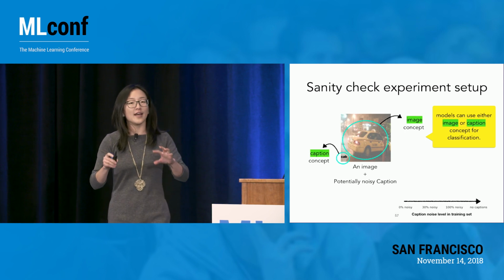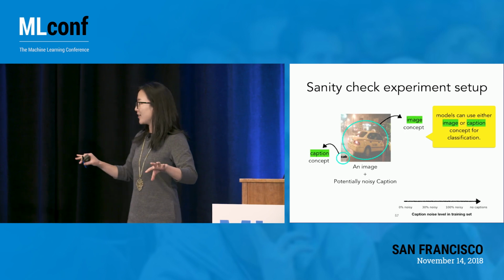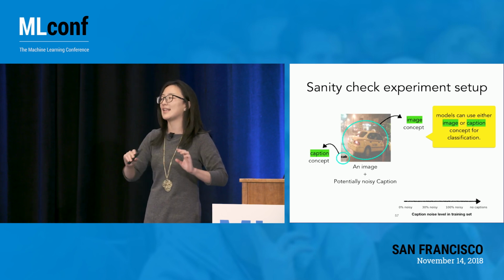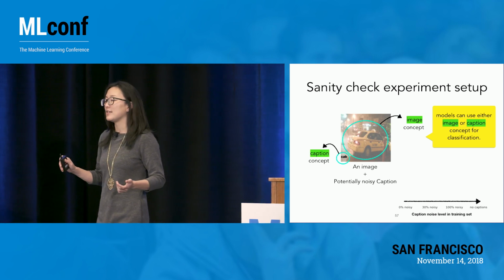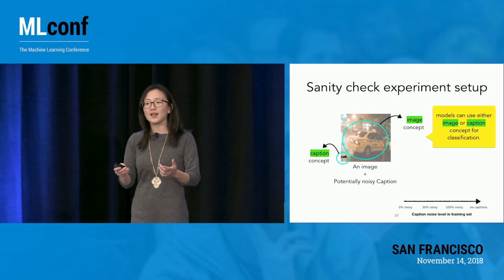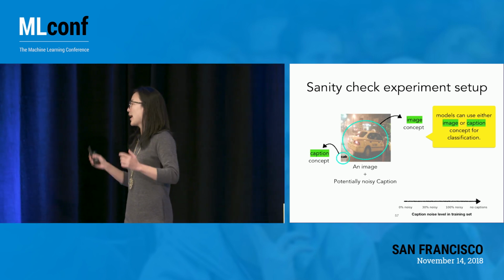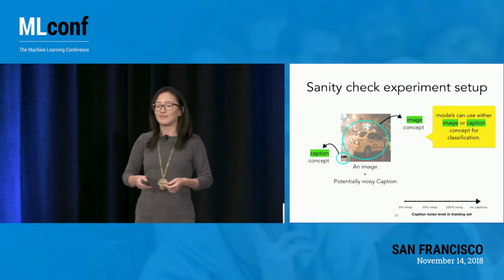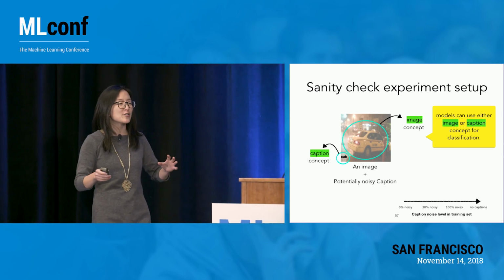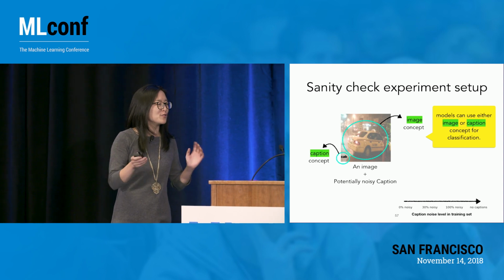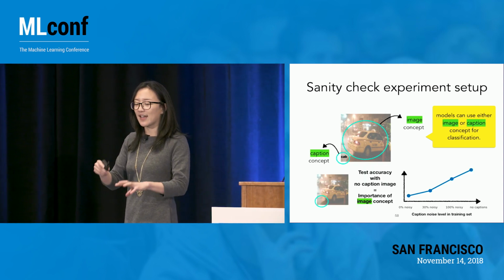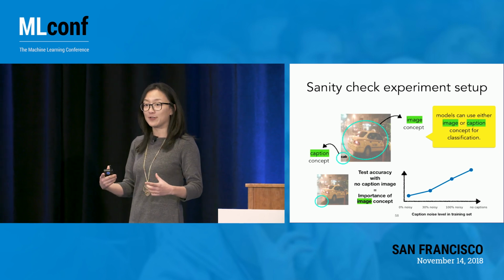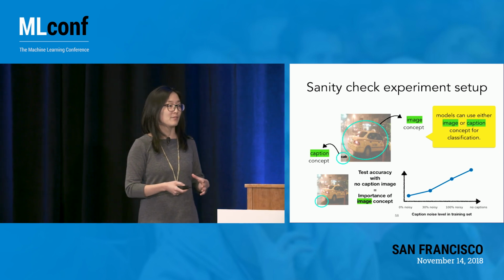Then I created 4 different training data sets with different noise levels. What do I mean by noisy? Well, 30% noisy means 30% of the time I wrote something random. So instead of cab, I wrote tiger. And this is just to encourage training different networks to do different things. And then I gave these networks a test image without a caption.